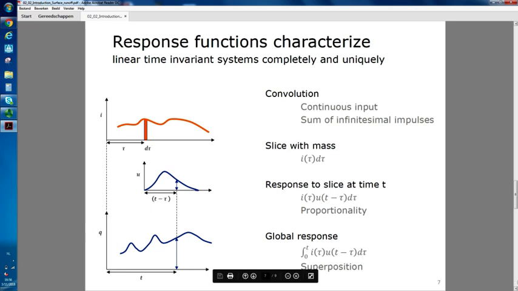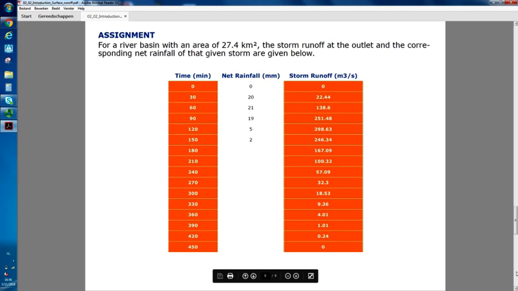And our assignment today asks that for a river basin with an area of 27.4 square kilometers, the storm runoff at the outlet and the corresponding net rainfall of that given storm are given below. So we have a table here with time steps of 30 minutes. And at each time, we have a certain amount of net rainfall.